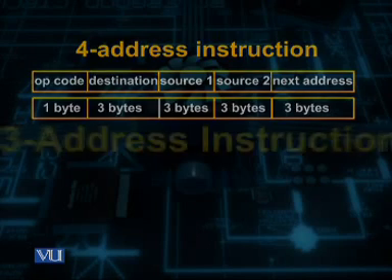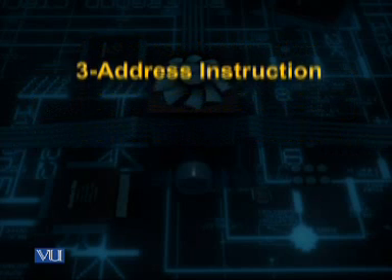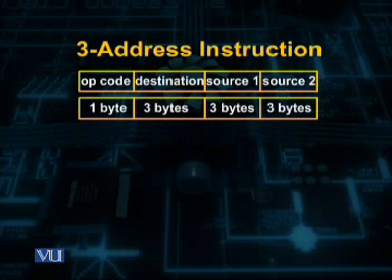Similarly, for the 3 address arrangement, the code size is now 10 bytes, whereas the number of bytes to access the memory are 10 bytes for instruction fetch, 6 bytes for the source operands, and 3 bytes for storing the destination operand. This gives us in total 19 bytes.